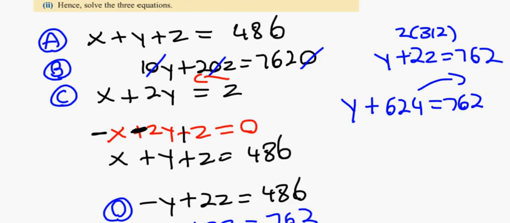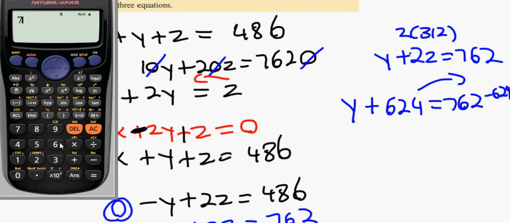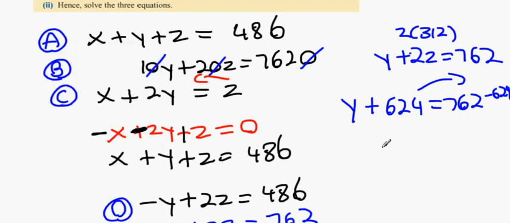Bring over the 624 and take it away. So it's going to be 762 minus 624, and we get 138. So y equals 138.